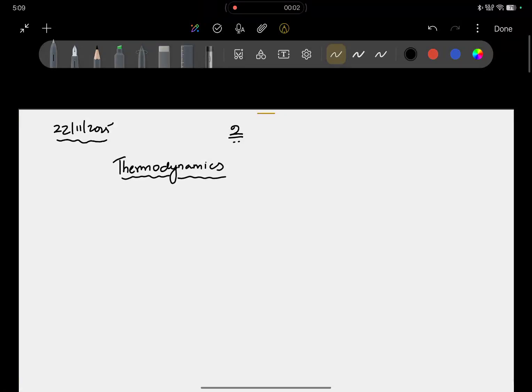So last class I think we stopped with this particular equation called P external is equal to P internal plus or minus dP, depending on the work done by the system or work done on the system.